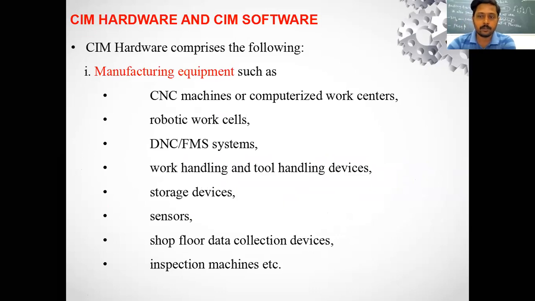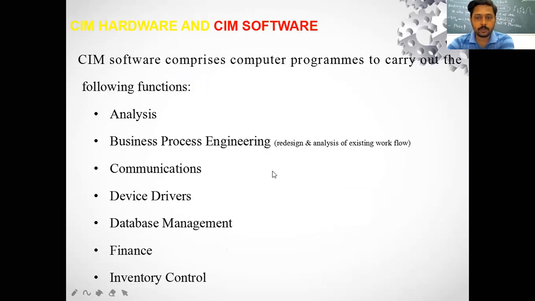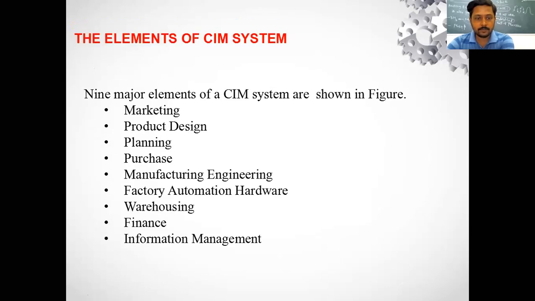We have discussed the hardware required in computer integrated manufacturing. To integrate the manufacturing system with a computer, we need certain hardware, and these are explained. There are certain software also, and which type of software is being used, we have already discussed in the previous lecture. And we have discussed the elements of a computer integrated manufacturing system.